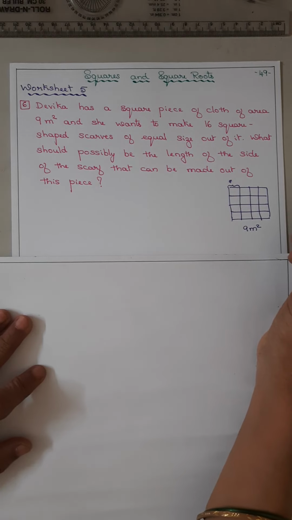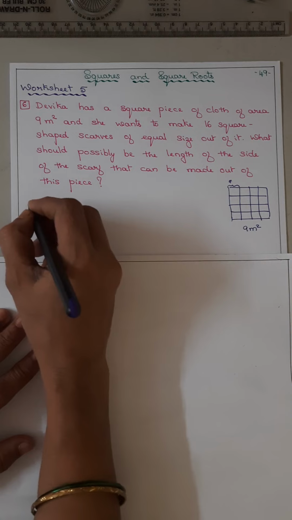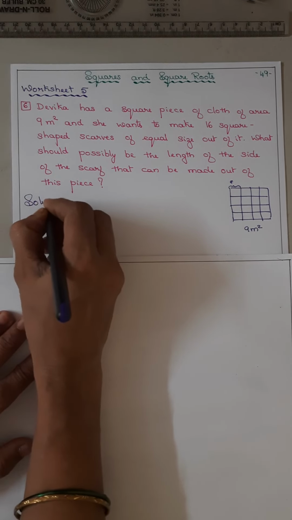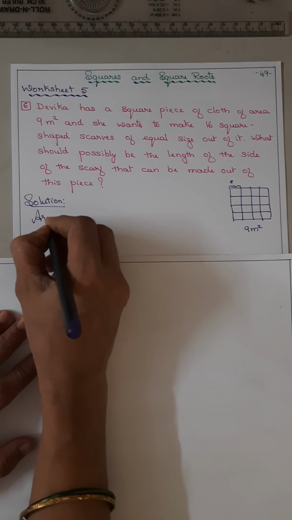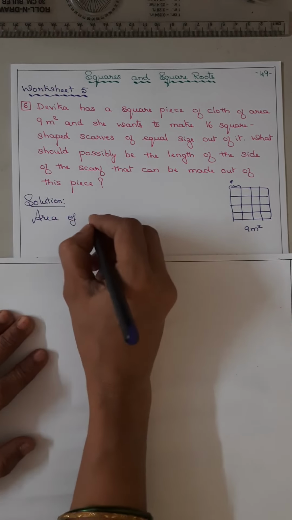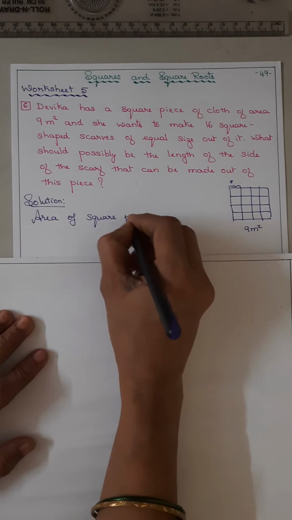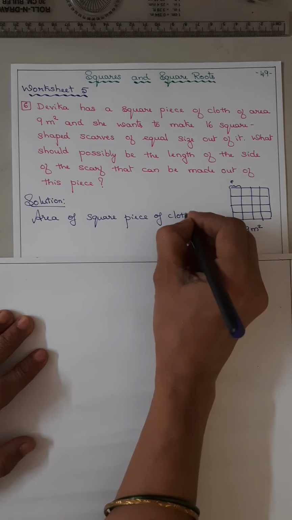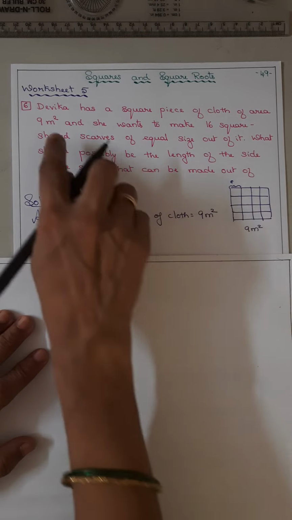Okay. So for that, what we have to do is, first we will write the area of the square shaped square piece of cloth. How much is it? 9 meter square.